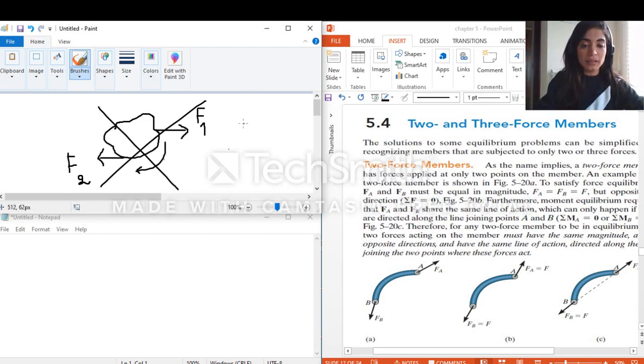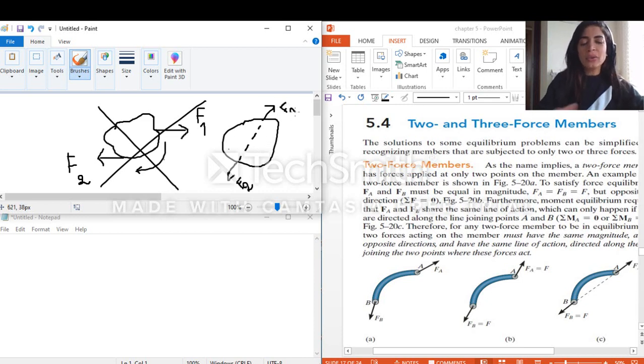So if I have a body here, these 2 forces, F1, should be on the same line of action as F2. So let's say this is F2 and this is F1.